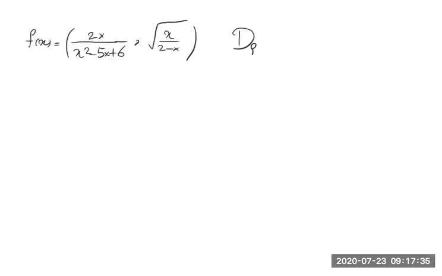So let's do that. Let's write it another time. f of x is 2x over x squared minus 5x plus 6, and the second component is square root of x over 2 minus x. What is the domain of f? Yes, I can go back for a second.